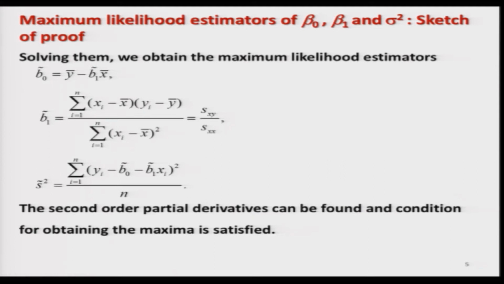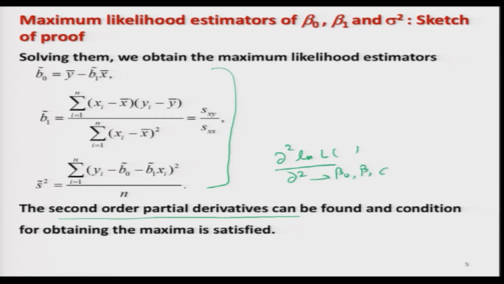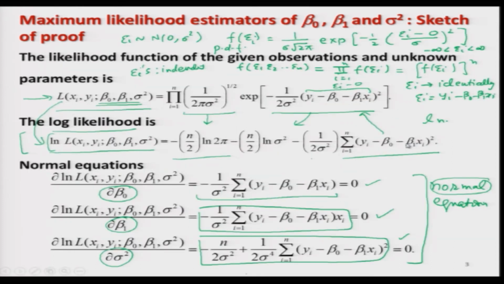These are the values which are expected to maximize the likelihood function, but how to cross check it? I will not do it here, but I will do it in more detail when we consider the multiple linear regression model. Here you can find the second order partial derivatives of the log likelihood with respect to beta 0, beta 1 and sigma square, by differentiating these three equations once again.